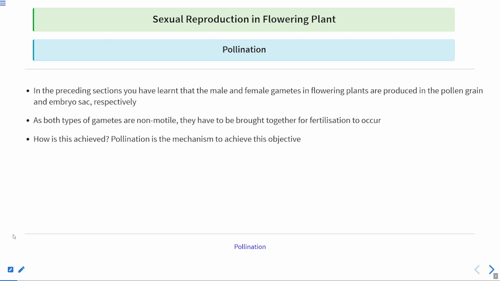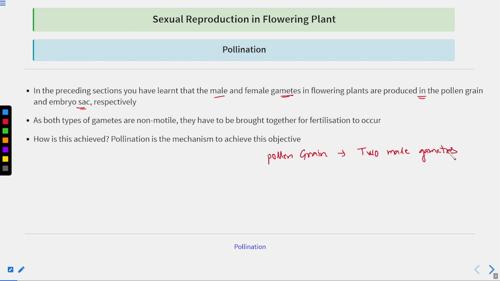Okay, so in the previous lecture you must have studied that the male and the female gametes in the flowering plants are produced in the pollen grain as well as the embryo sac. The pollen grain produces the 2 male gametes. Now you must also know that most pollens are released at the 2-cell stage.